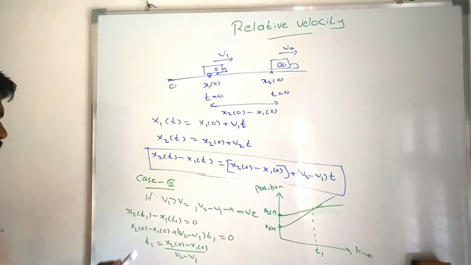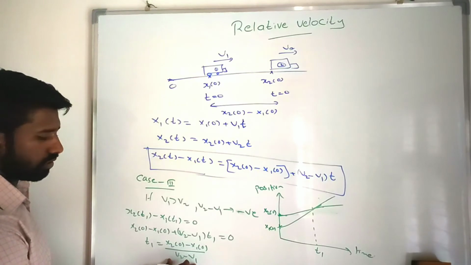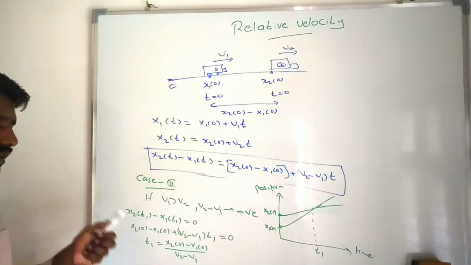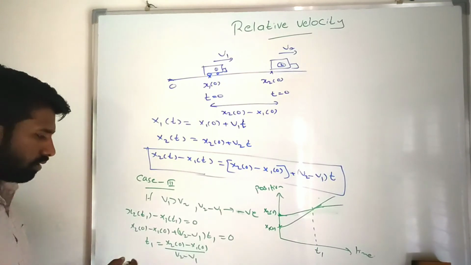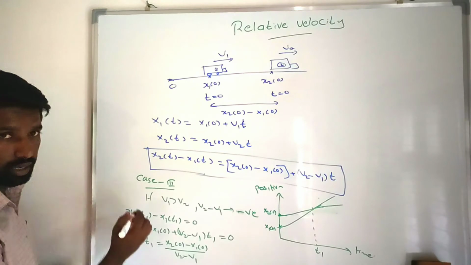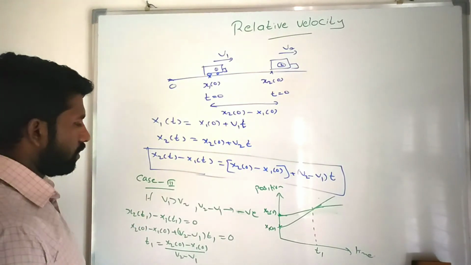That means what you are getting here is the initial distance divided by the relative velocity, that is the meeting time. Okay, clear? Then this is about case 3.